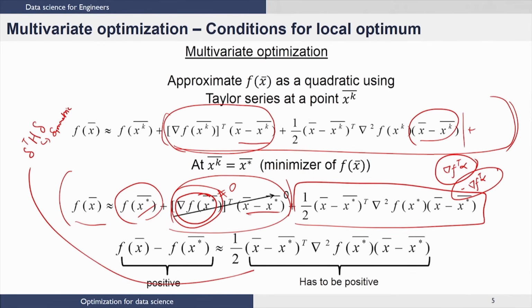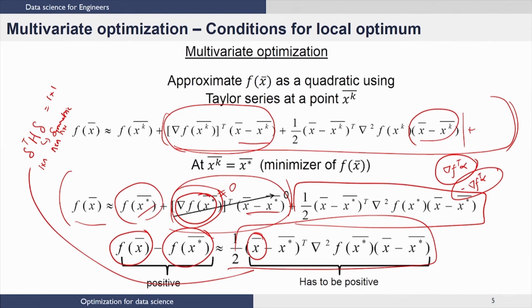The function f is a scalar function, and here H is an n by n matrix, delta transpose will be 1 by n and delta will be n by 1. So, when I do this, I will get 1 by 1, which is a scalar. Now, irrespective of this x bar, if this is a positive number, then irrespective of whatever direction you take, this will always be greater than this in the local region, which would qualify this point x star as a minimum point. So, that is an important idea that you should remember.